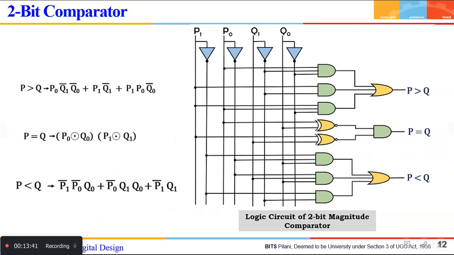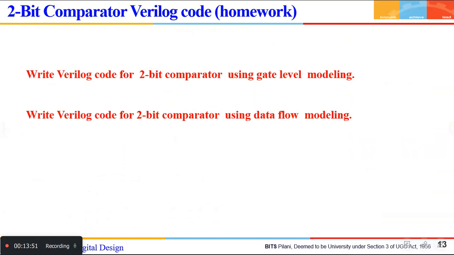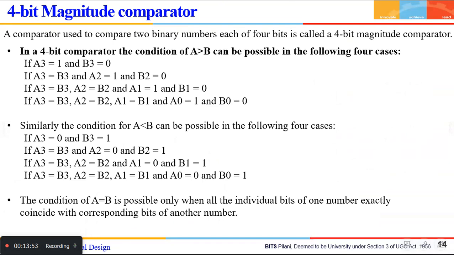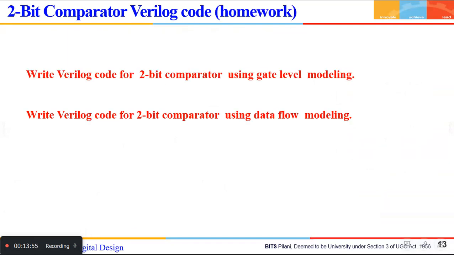You know the equation for P greater than Q, for P equal to Q, and for P less than Q. If you want to write a program in Verilog, you can just write it, right? Write a Verilog code for a 2-bit comparator using gate level modeling. Write a Verilog code for a 2-bit comparator using data flow modeling. Both you can write, right?